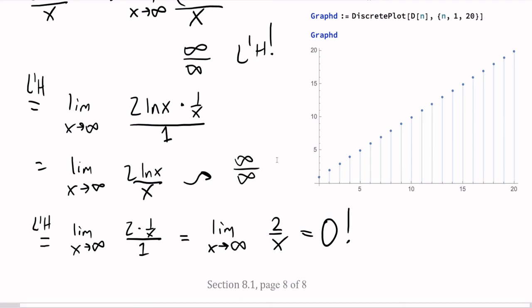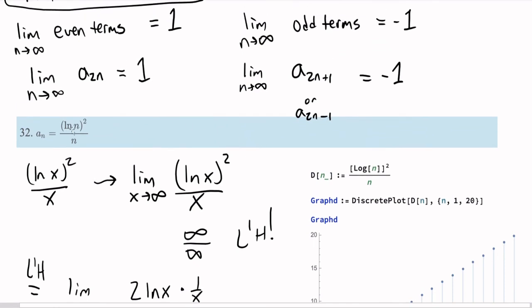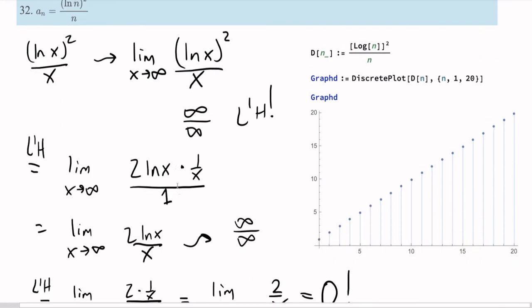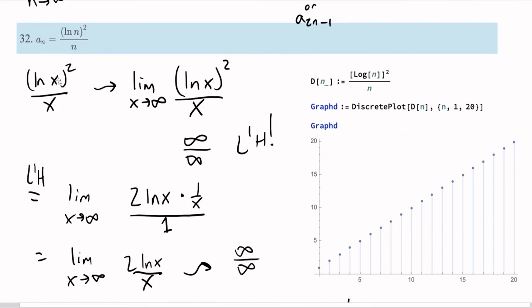Okay, so we just did a lot of stuff here. Recap. We took this sequence, used theorem 2 to convert it into a function that agrees on all these n values. 1, 2, 3, 4, all of them agree here. We used L'Hopital's twice to find out that this limit is 0.